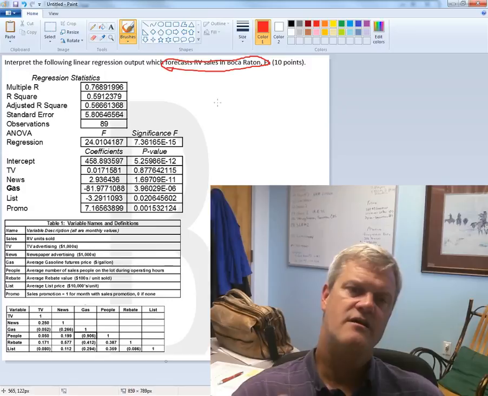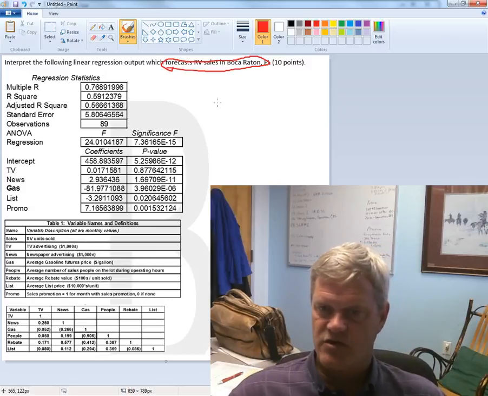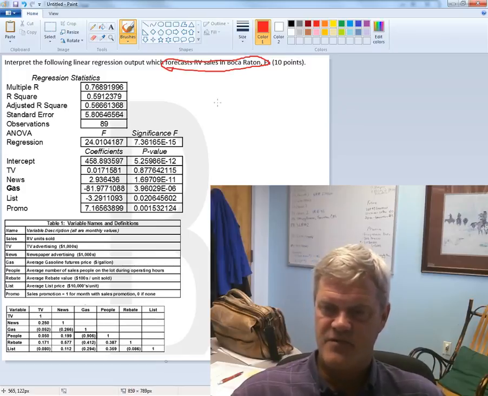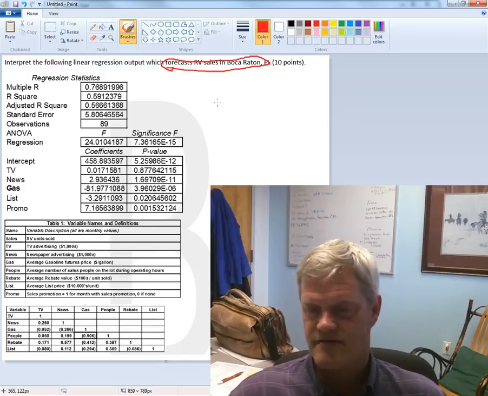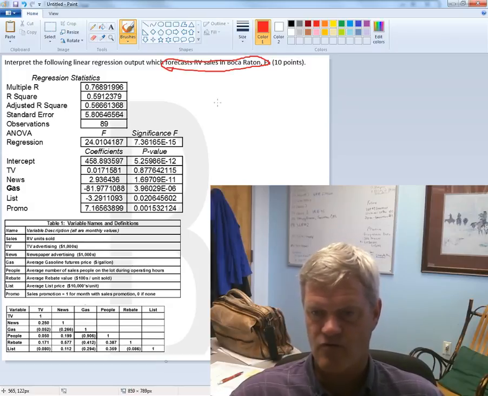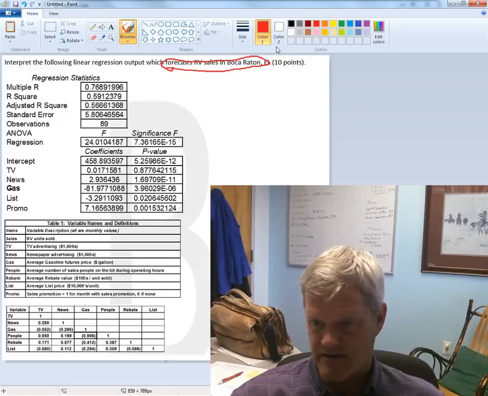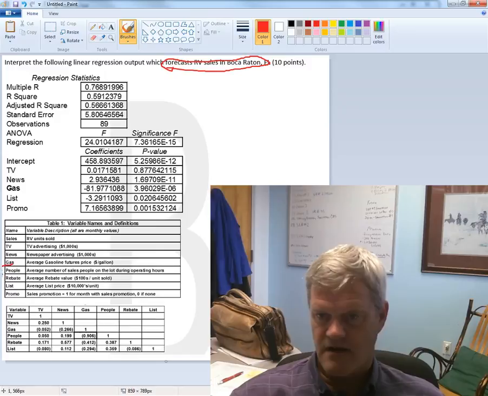Okay, another similar thought. Let's say that we collected information from RV lots in Boca Raton, Florida, and one of those variables right here is people, right?